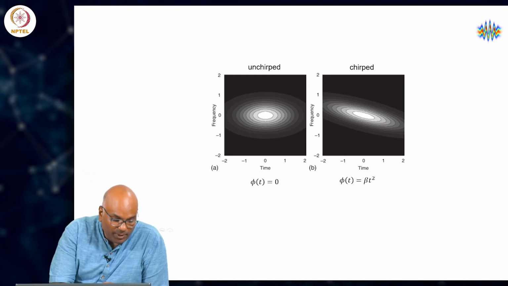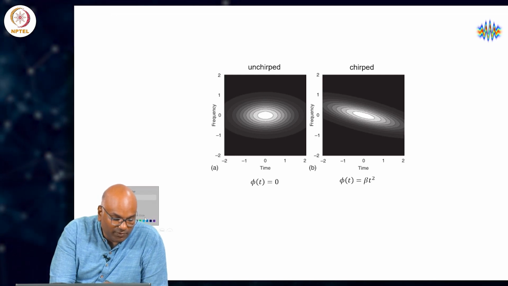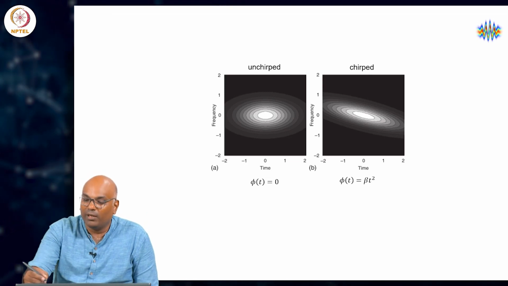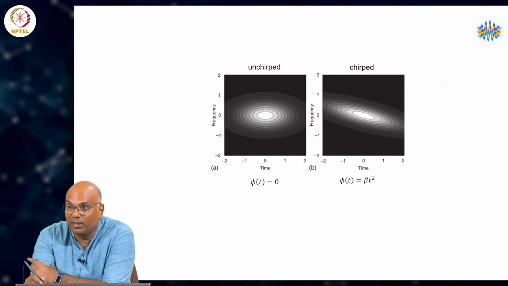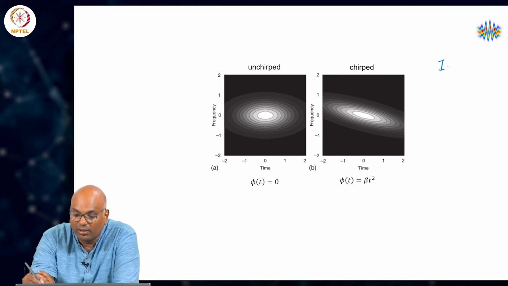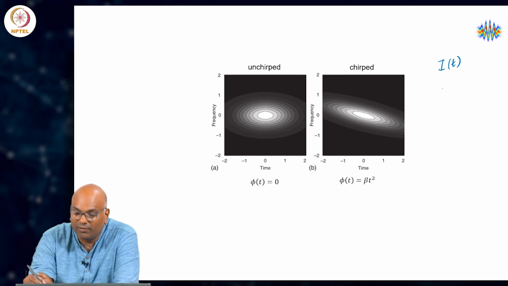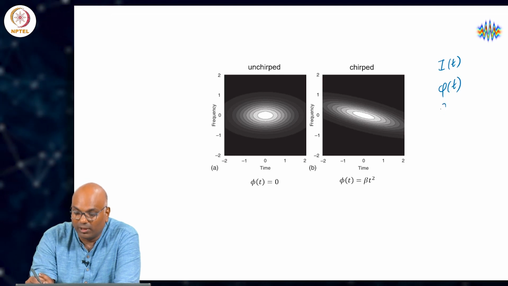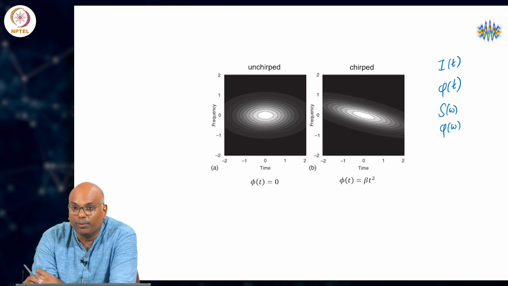Here we are compelled to go for a higher dimensional identification for the pulse, simply owing to the way in which we represented the pulse itself. We essentially had I of t and we had phi of t as well, or S of omega and phi of omega.